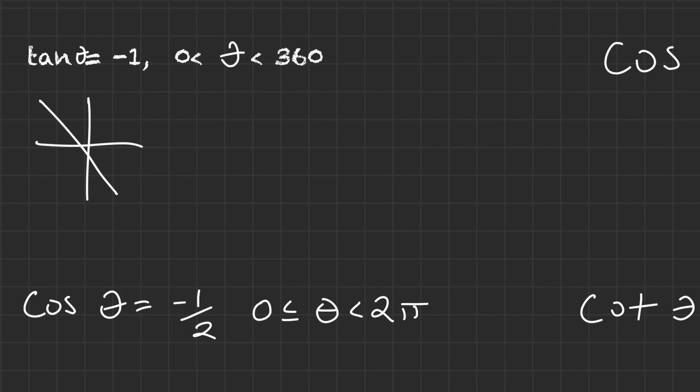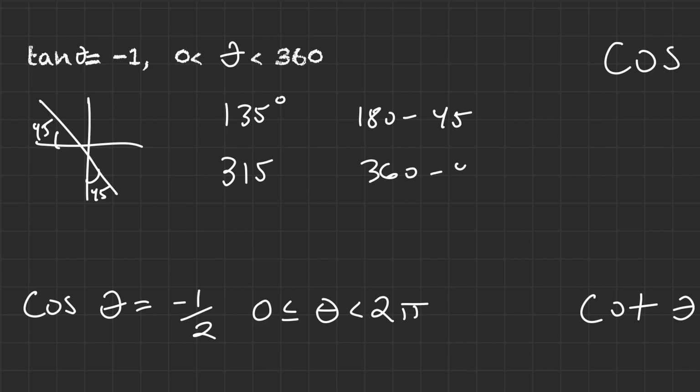So when it's equal to -1, it means one of them is negative. So that's going to be like the 45-degree reference angle. So that is going to be at 135 degrees and at 315. So you would go like 180 minus the reference angle and 360 minus the reference angle.